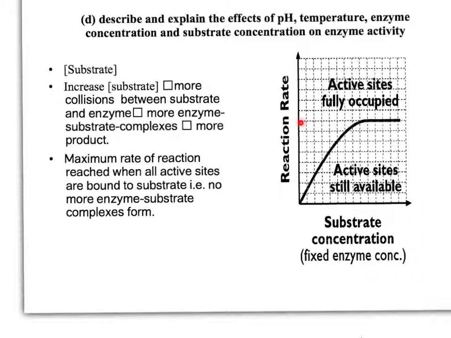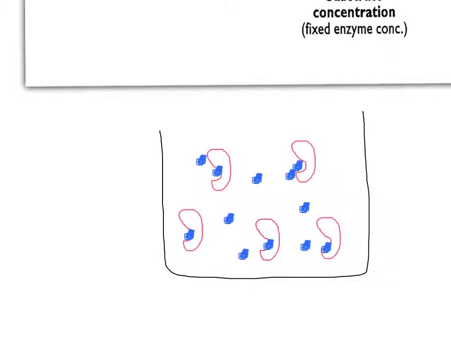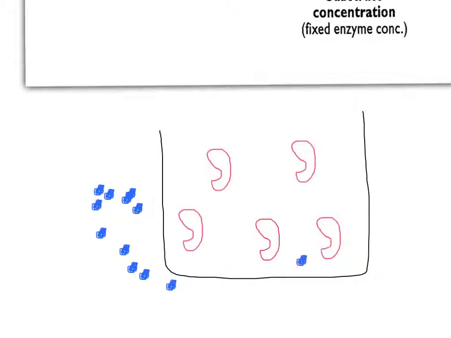Illustrating that below with a little analogy, take all these substrate molecules out first. Imagine my reaction vessel, my beaker, with some enzyme molecules in it, denoted by these red blobs.